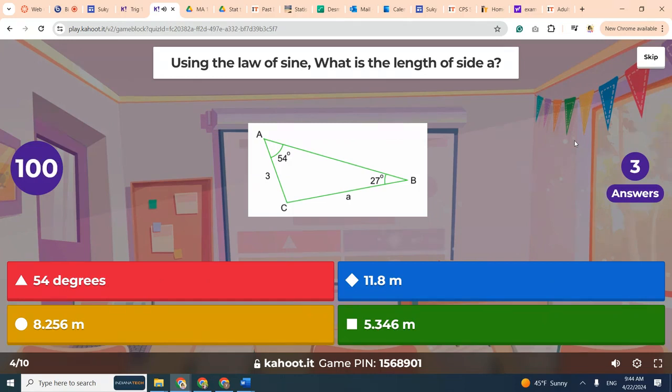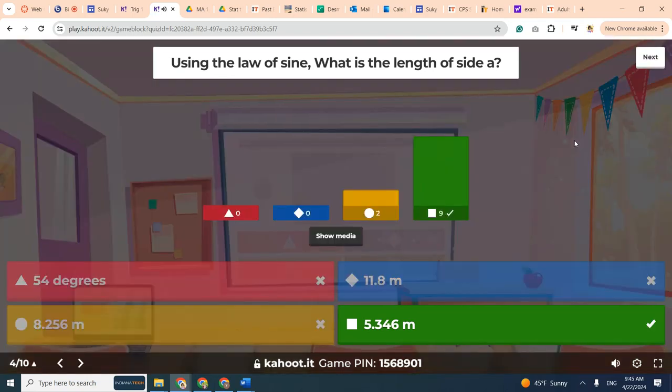Side A. Oh, one more student. Okay, let's see.